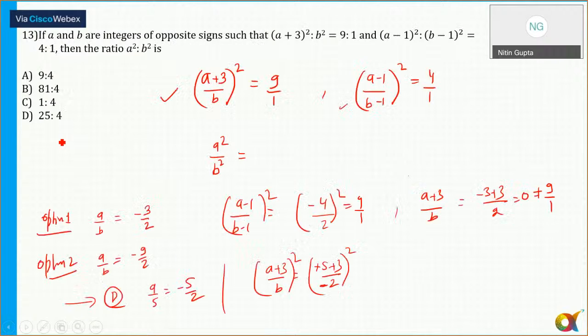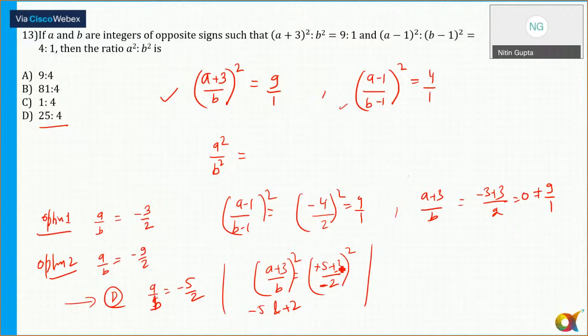So if it is equal to 25 by 4, so I can say a plus 3 by b. So a by b is equal to minus 5 by 2, or I can say minus 5 and plus 2 if I take in this way. So a plus 3.